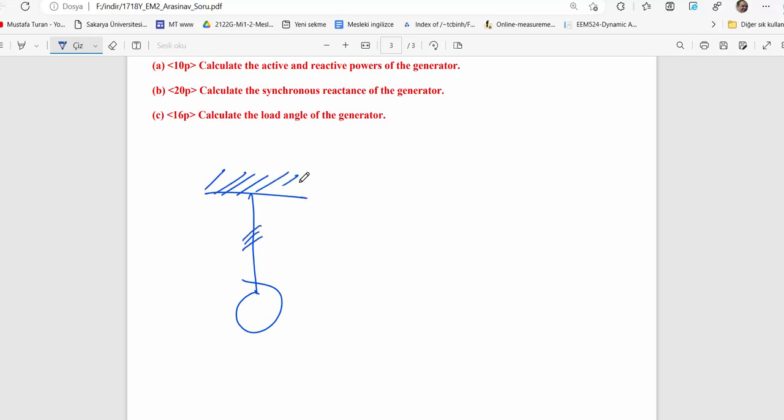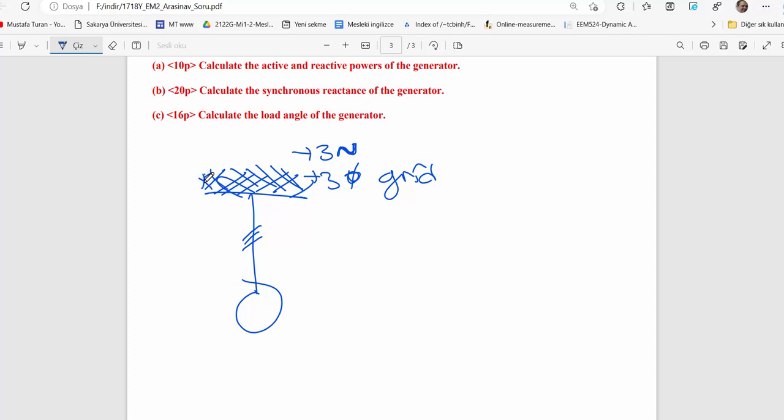Here's infinite bus, I mean three-phase grid. Sometimes we represent three-phase by 3 phi or 3 tilde. All those mean alternating phase. Three-phase and three-phase.